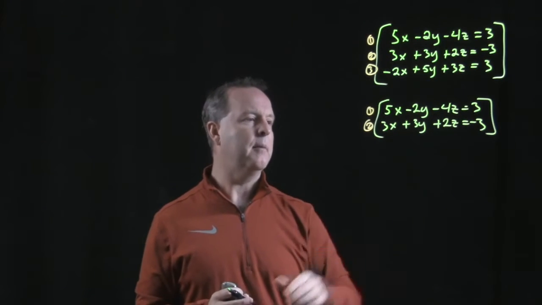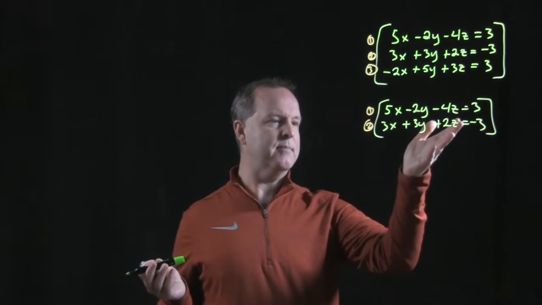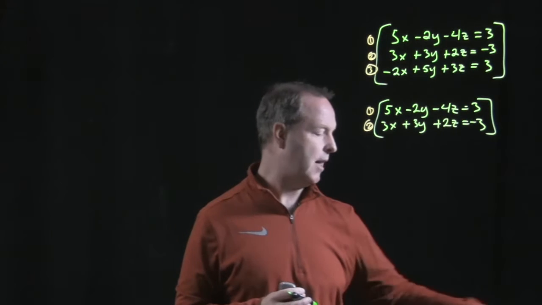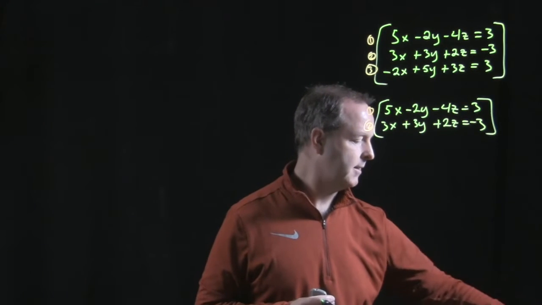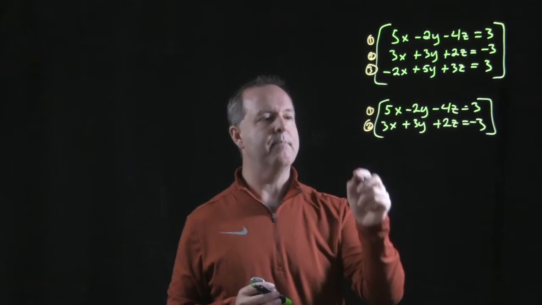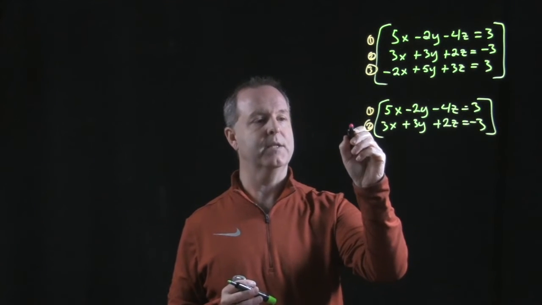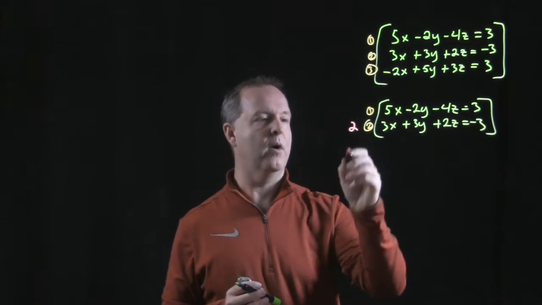Then from there, I'm going to look at my z's. I could look at anything, but my z's look like they might be the easiest to drop out. So I could use my addition method by multiplying the second equation through by a 2. Yeah, a 2 is what I want.